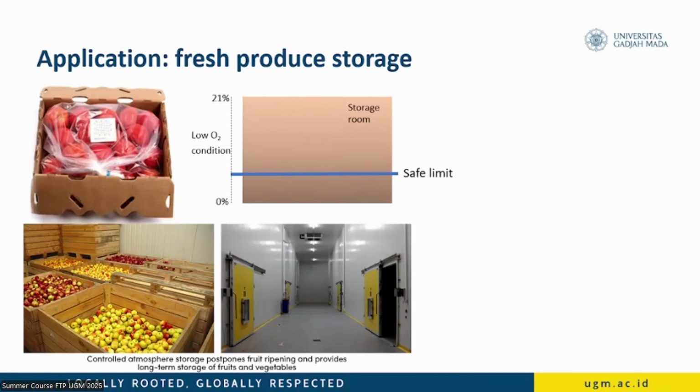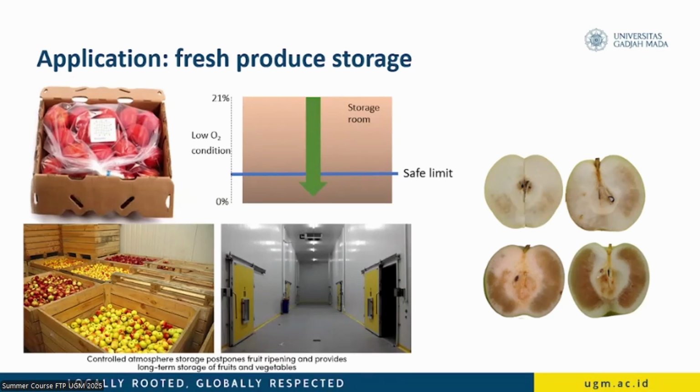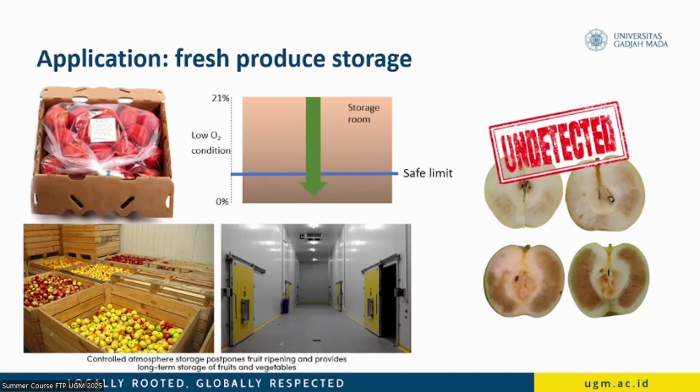But if we decrease oxygen concentrations below the limits, then defects will come out. It's visually undetected. You cannot see the defect using your eyes. It will look the same as the sound fruits. So it's undetected.